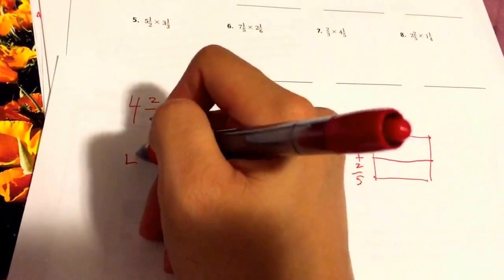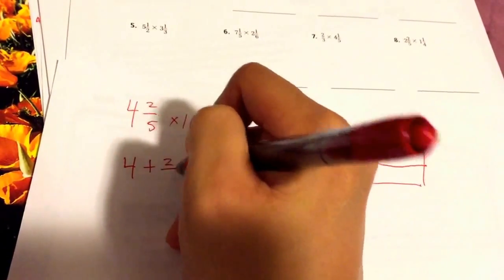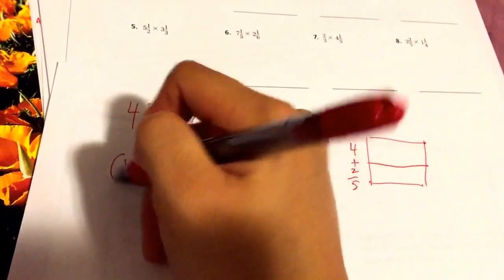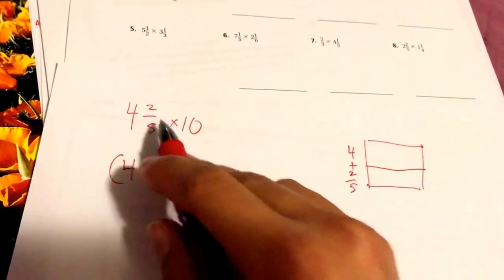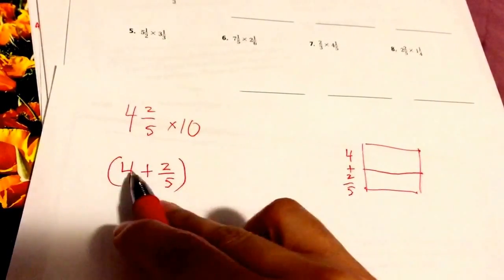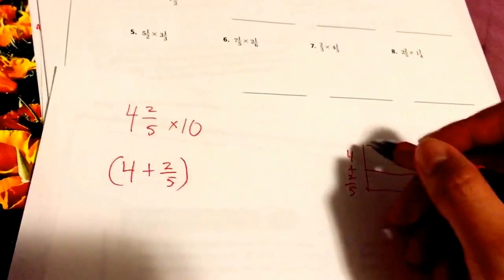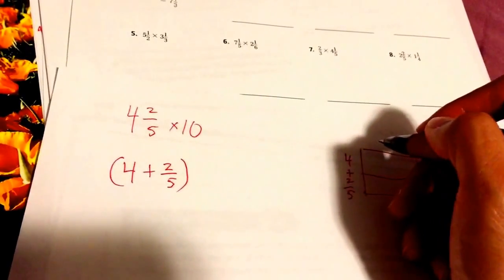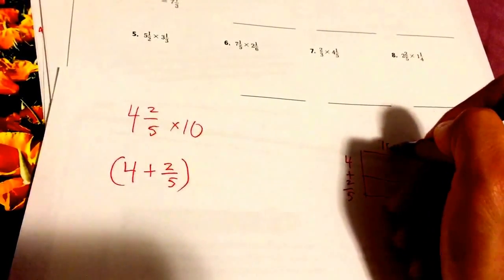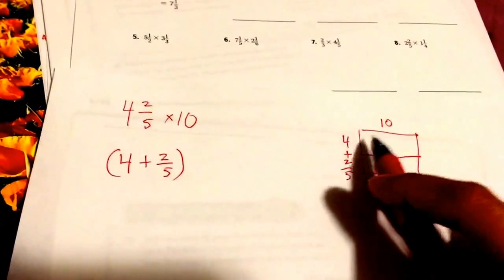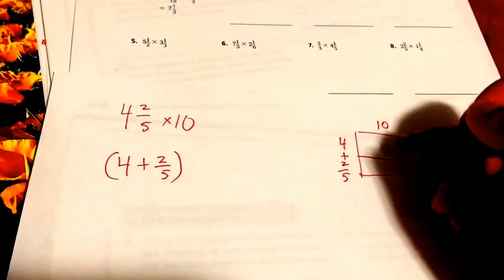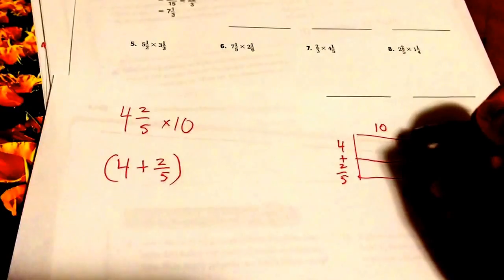So 4 and 2/5 is the same as 4 plus 2/5. The 10 over here is itself, and there's no fraction, so you don't need to put the second line in a fraction here.